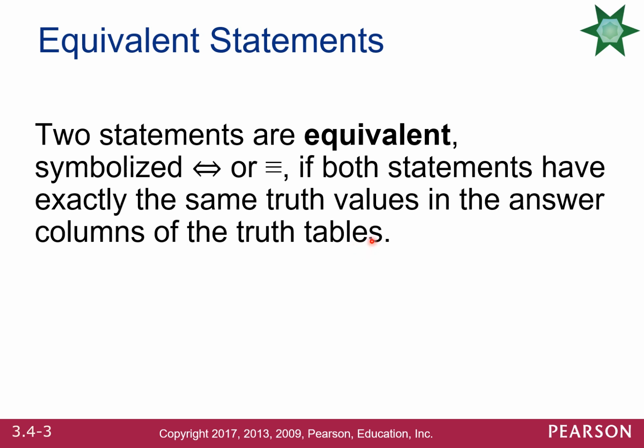So when we go about identifying whether two statements are equivalent or not, we will first have to construct truth tables for each of the statements, and then we will compare the truth values in the answer column of the tables, and if they are identical, if the truth values are exactly the same, then it is considered that the statements are equivalent.